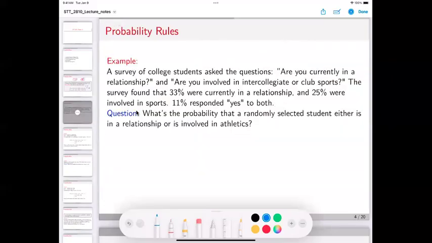I want you to read this and then discuss with your friend sitting next to you how you think we are going to answer this question. Is that okay? Read it and discuss with your friend sitting next to you.